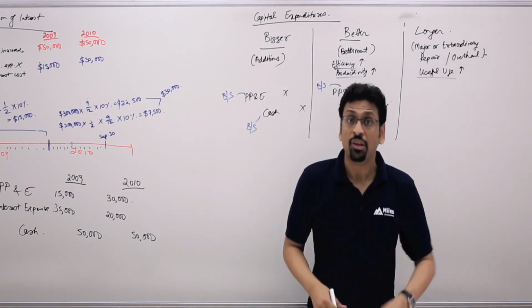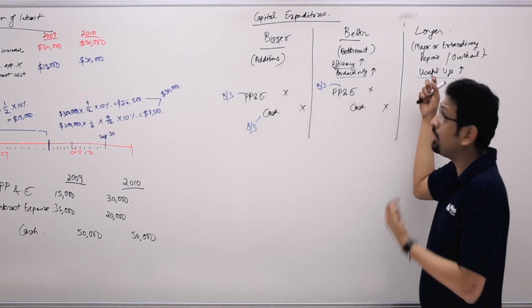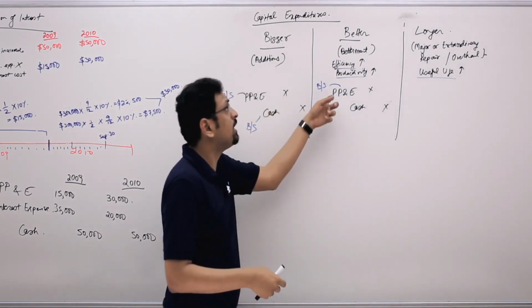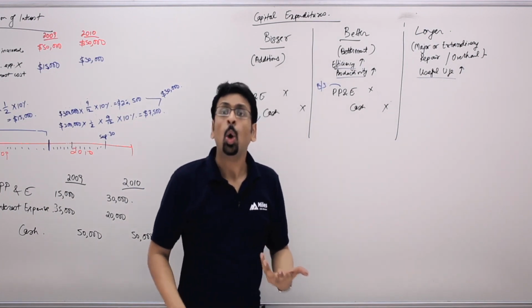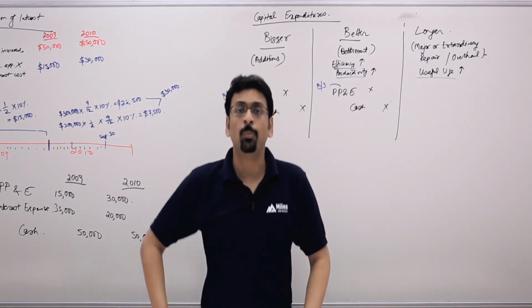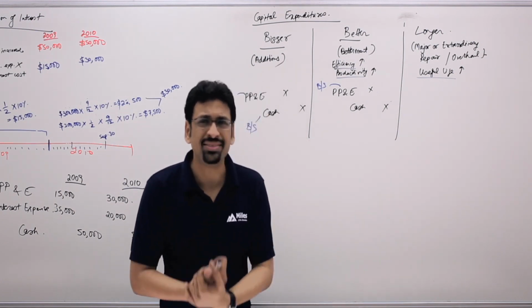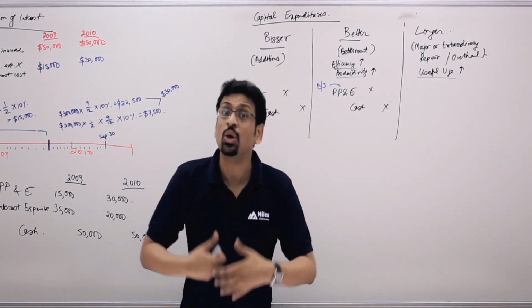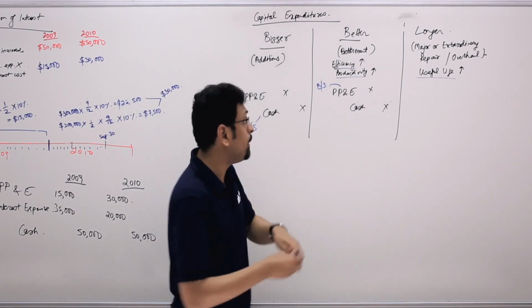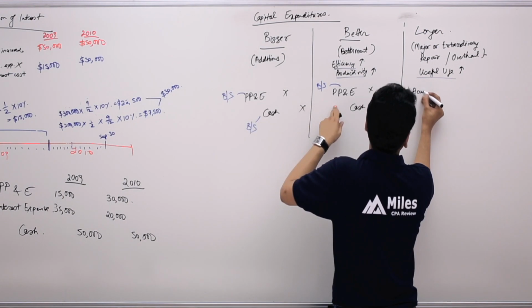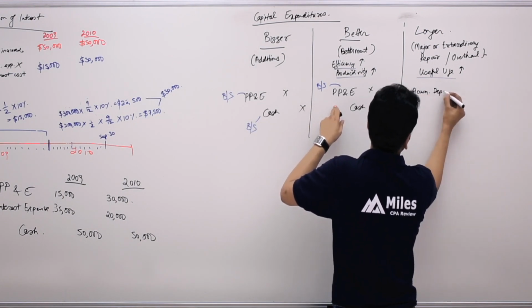So if the capital expenditure actually increases the useful life, what we do is, instead of increasing PP&E, we reduce accumulated depreciation. Now, accumulated depreciation, that's a credit balance, it's a contra asset. To reduce accumulated depreciation, you got to debit it. So instead of debiting PP&E, you debit accumulated depreciation.